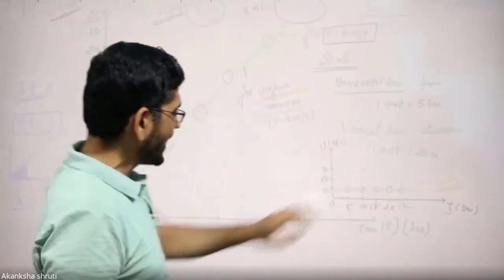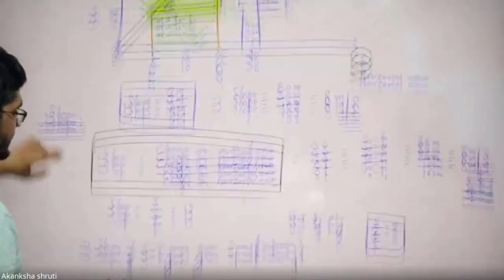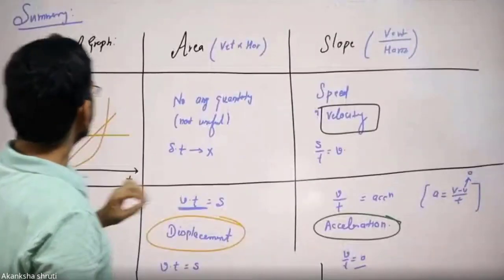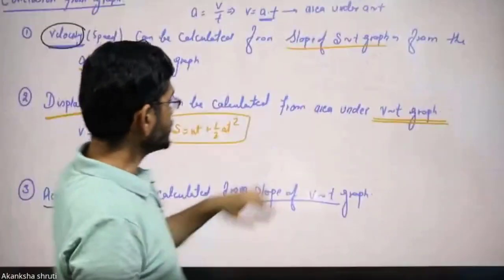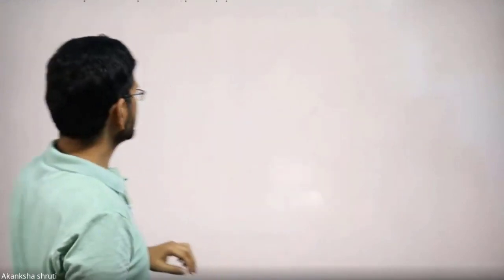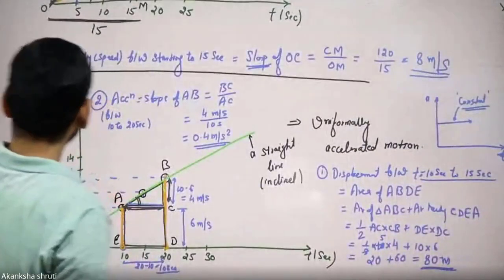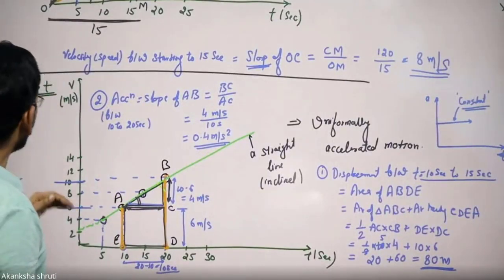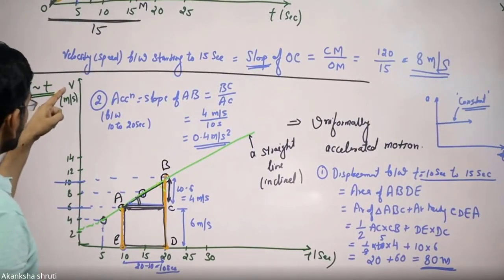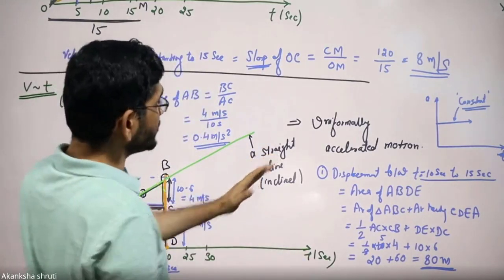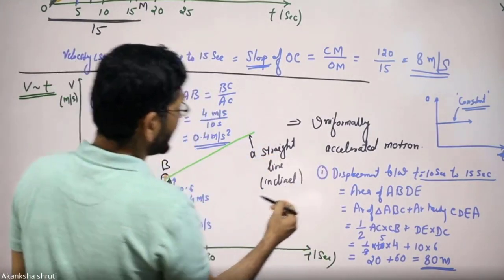But comparing this with the speed time graph of non-uniform motion, students, comparing that graph with the speed time graph for a non-uniform motion. Okay, students?